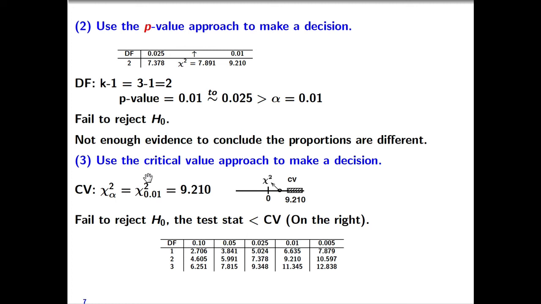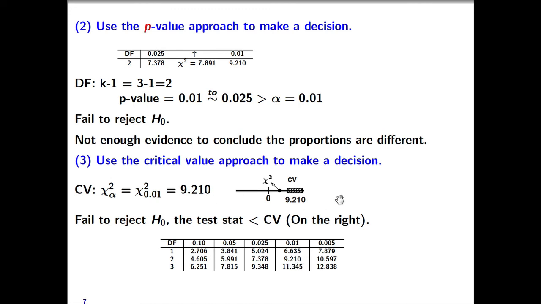So if we use the critical value approach to make a decision, we have a point versus another point. So we use the critical value versus the test statistic. And the critical value chi-square alpha is equal to chi-square 0.01, which is 9.210.